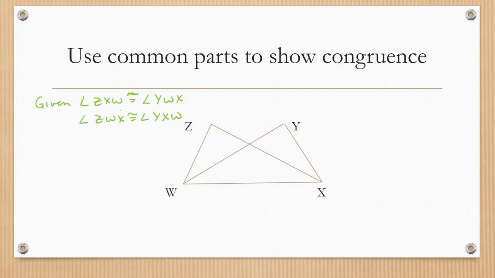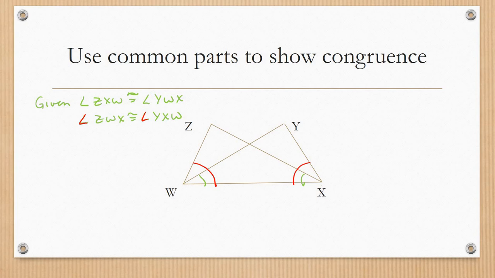All right, so the first one, ZXW is here, YWX is here. The other piece I'm looking at is ZWX, so I'm going to change colors and do this one in red. ZWX, which is this large angle, and YXW, which is this large angle.